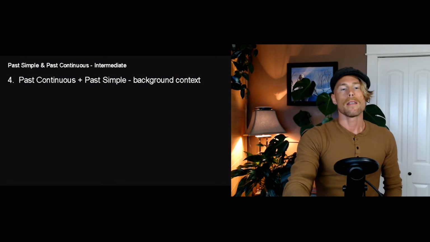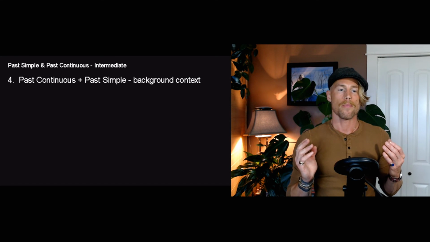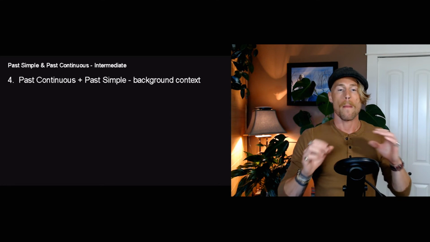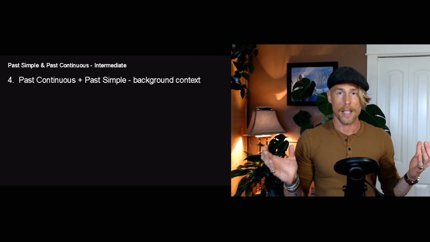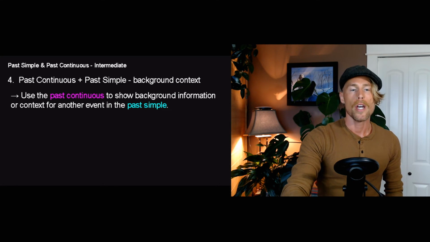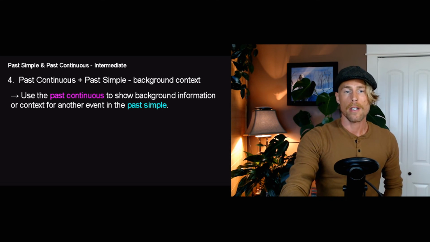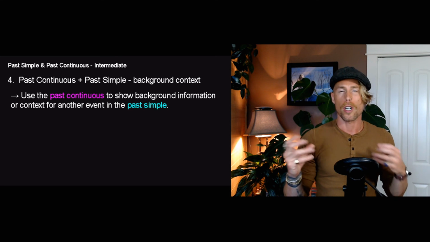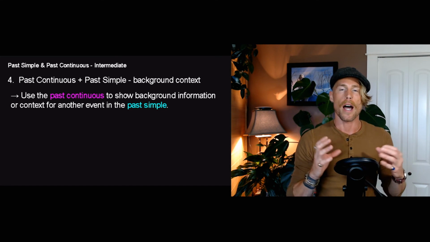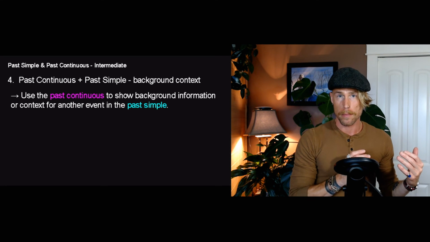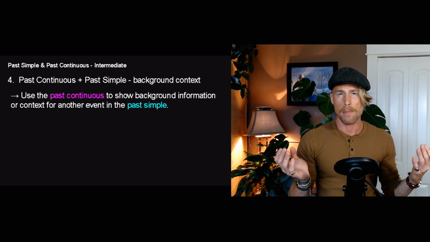Okay, the last thing that I want to talk about with the past continuous and the past simple is background context. What does this mean? Use the past continuous to show background information or context for another event in past simple. What does this mean?